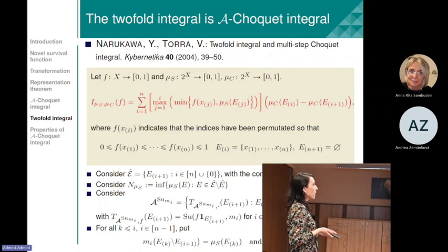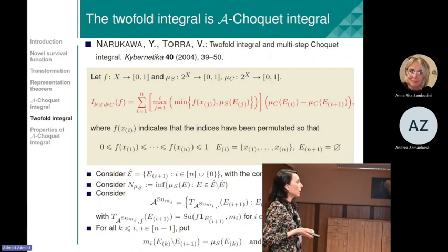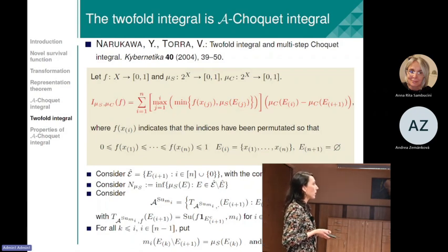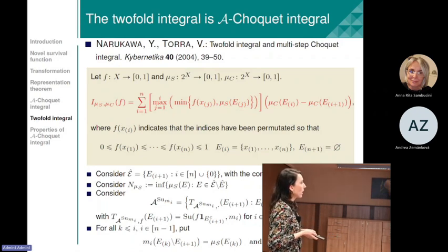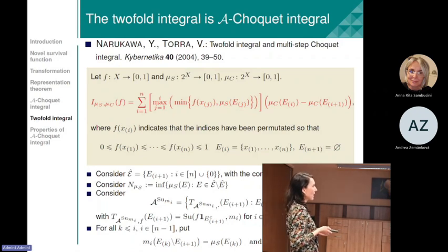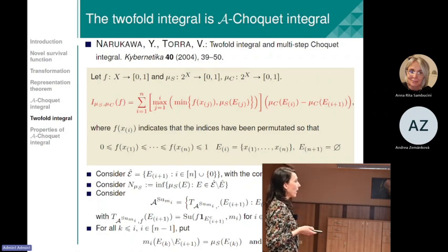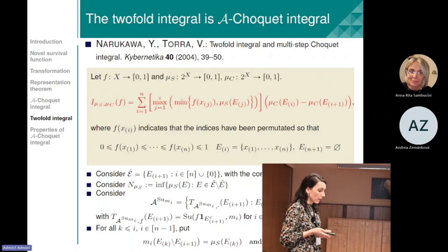It's enough to take the collection, which is a chain generated by a non-decreasing permutation of the input function f. And further, we need a minitive set function. This is tied with the input monotone set function mu c. And further, we need a family of conditional aggregation operators.